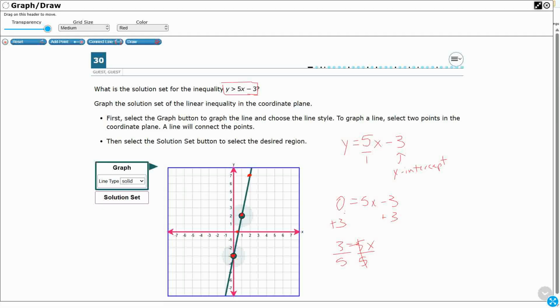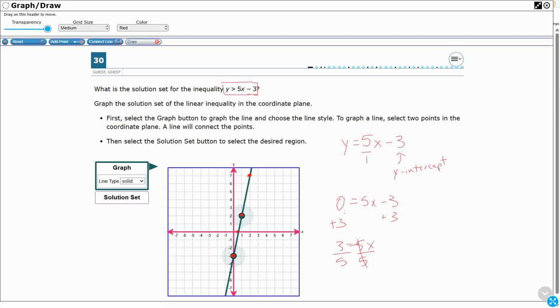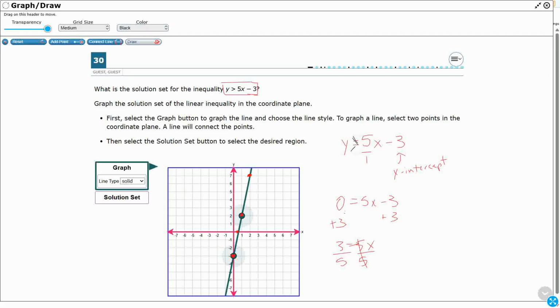Now, let's decide what type of line it is going to be, because now that we've got our line, we're going to bring back the inequality. It's not y equals, it's actually y is greater than. Okay, so when we are using greater than or less than, that means we are using a dashed or dotted, depends on how you want to refer to it, line.